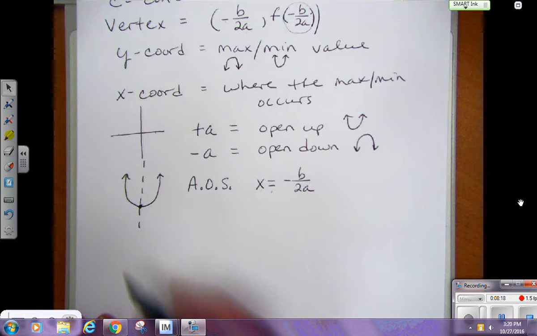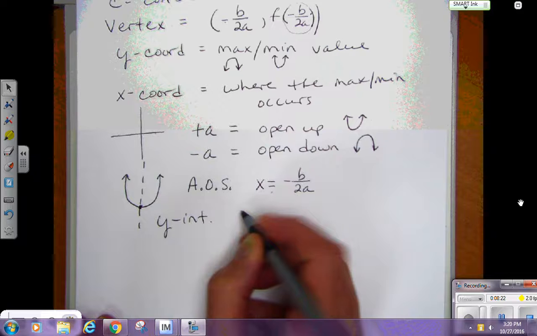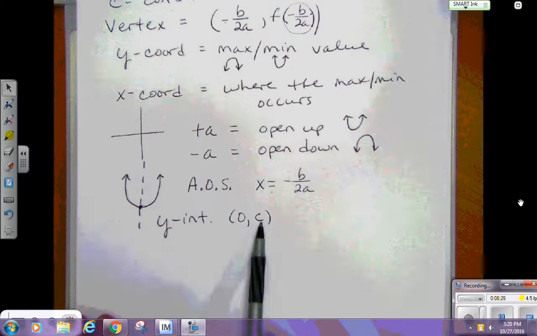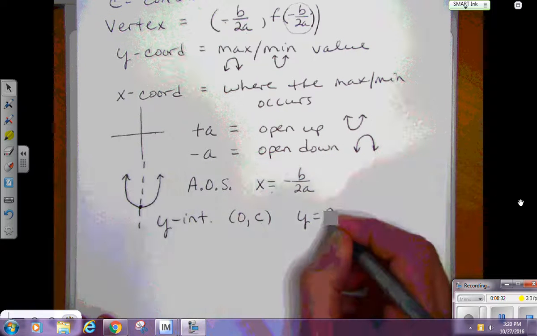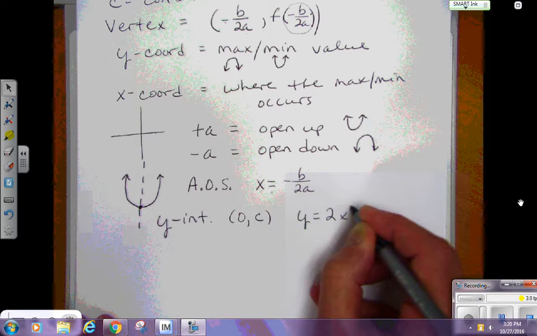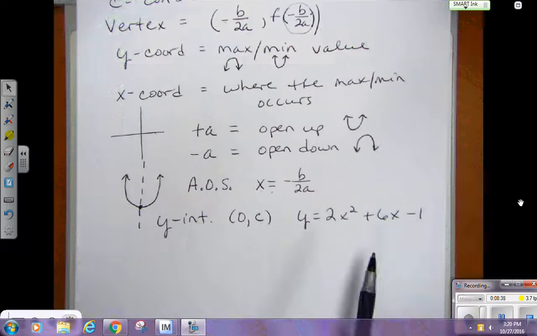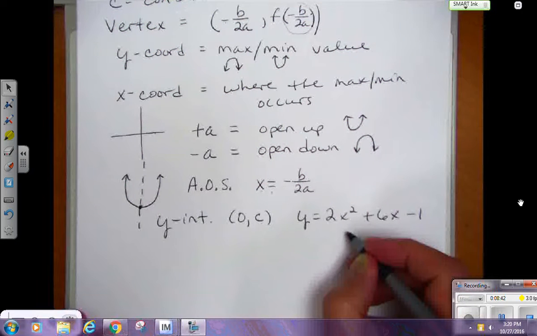Now for your parabola, the y-intercept is always (0, c). And c is whatever the constant is in your equation. So let's do an example here. Let's just say I have this quadratic equation. Okay? The y-intercept is where x equals 0.